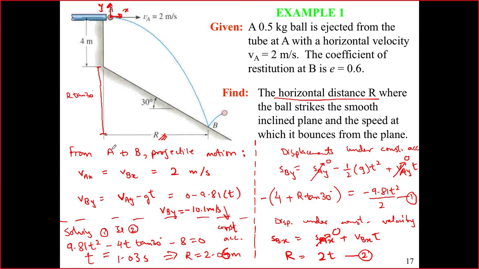और वही मैंने पहले क्या किया, मैंने A to B का projectile motion की पहले velocity लिख ली कि ये देखें, x direction में we have constant velocity, right? So जो पहले थी वही B पे उसकी velocity होगी. So that's why the x velocity at B is going to be 2 meters per second. But then in the y direction, we have a constant acceleration. There is just gravity acting on it as it falls.